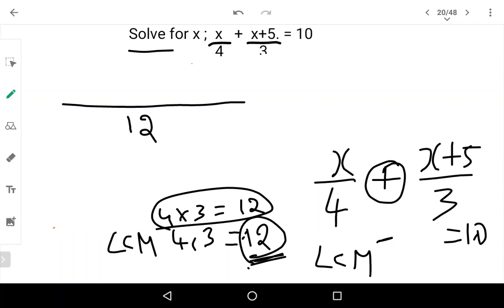Next, coming to the numerators. Numerators we have x and we have x plus 5. For 4 to become 12, I have to multiply it with 3.